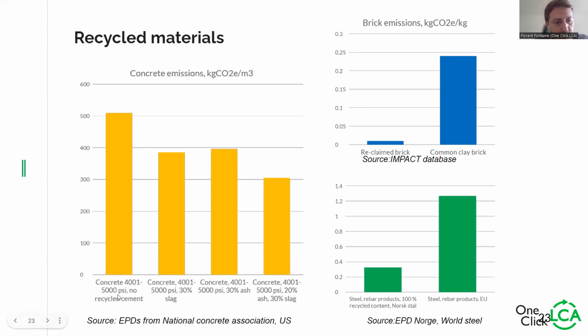And you see that a concrete with no recycled cement is emitting way more than some concrete having some recycled binders or GGBS or fly ash. So to remind you, just a small reminder if you don't know it, the process of producing concrete is very carbon intensive for two main reasons: because you need to produce clinker, and for that you need a huge amount of energy, electricity, gas, and you also have to crack the molecules of the ore that you are getting from the raw material extractions.